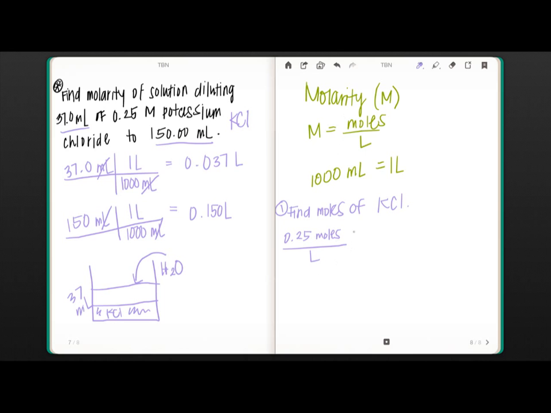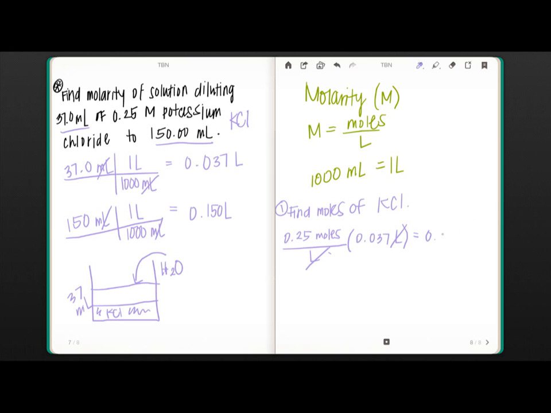You multiply this by the 0.037 liters, so that you cancel out your liters at the bottom and end up with moles. As you can see, your liters cancel out. You end up with moles.